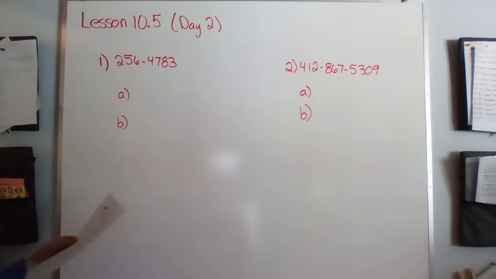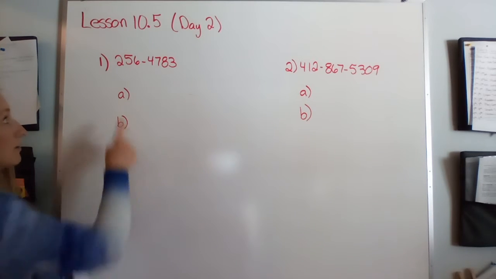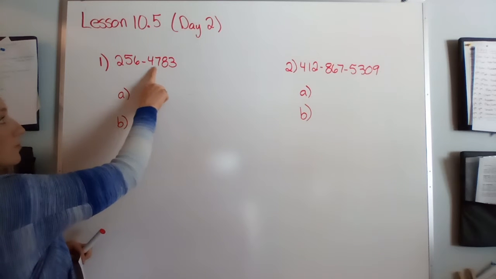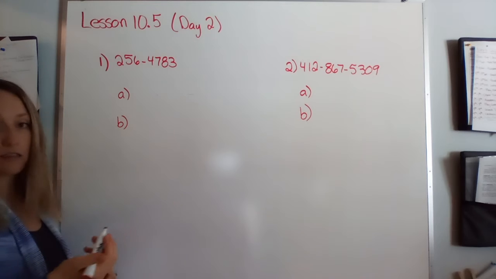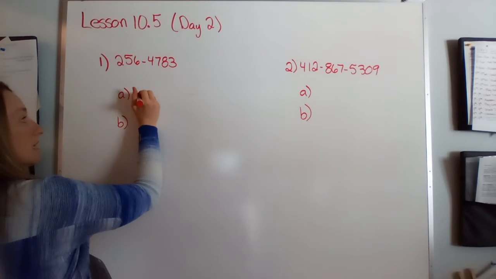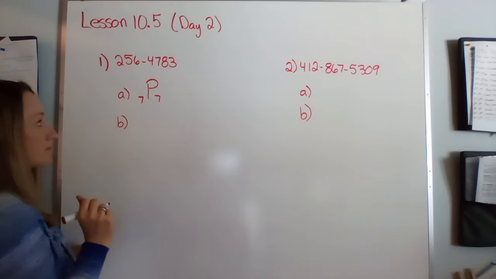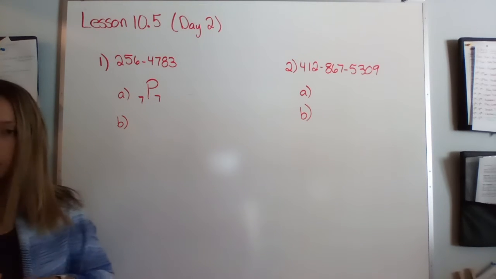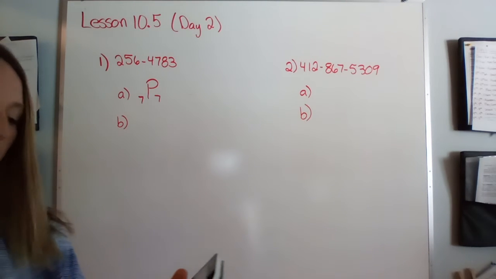So for part A, it says, how many ways can you arrange all of the numbers? So how many numbers are there? 1, 2, 3, 4, 5, 6, 7. So we have 7 objects taken 7 at a time. So for permutations, this would be 7P7. You can use your calculator.